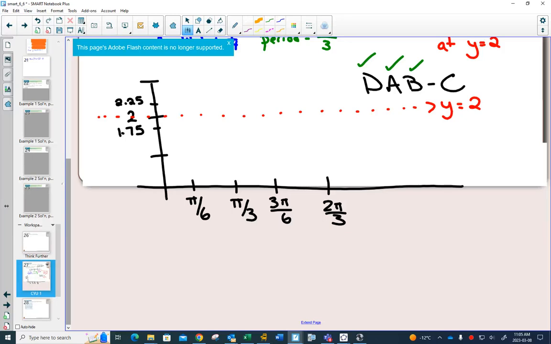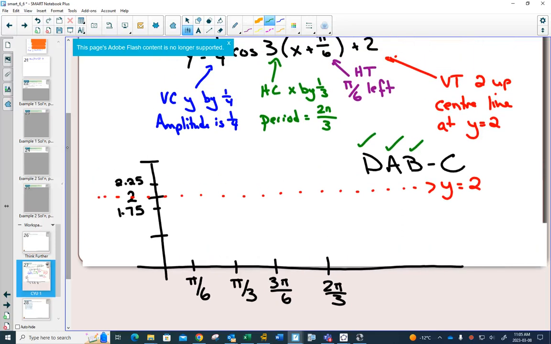Next is the C. For the C, we are graphing a sine or cos graph. We are graphing a cos graph. So we have to know from our original cos graph that a cos graph always starts at a maximum. So for our dotted line, we're going to start at a maximum.